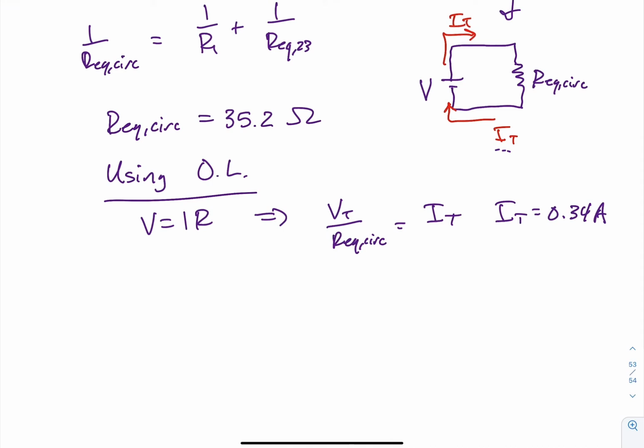In other words, 1/3 of an amp. That means we could also get P total, the total power dissipated by it. P total would just be I total times V total. And if we take 12 volts times 1/3, and it's 0.34, so we round it a little, it'd be 4.09 watts.